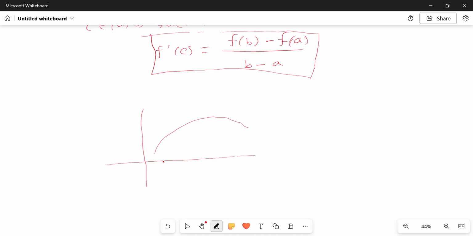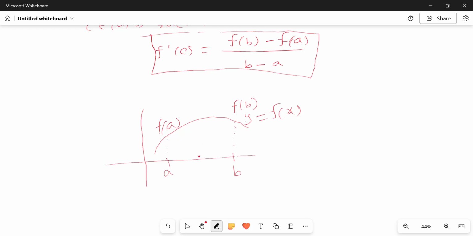This is a and this is b, and the corresponding function is y equals f of x. The function value at this point is f of a, and this is our f of b.